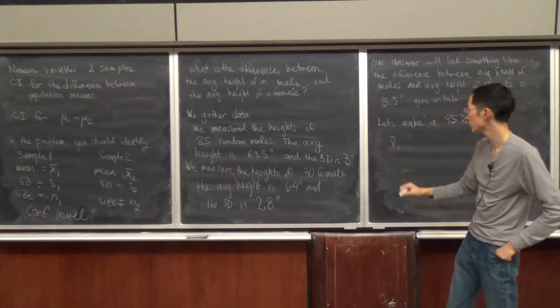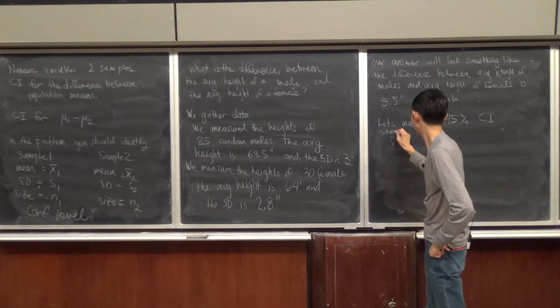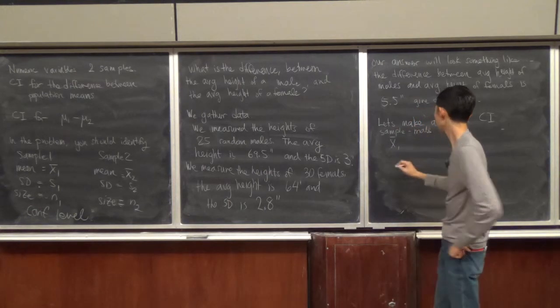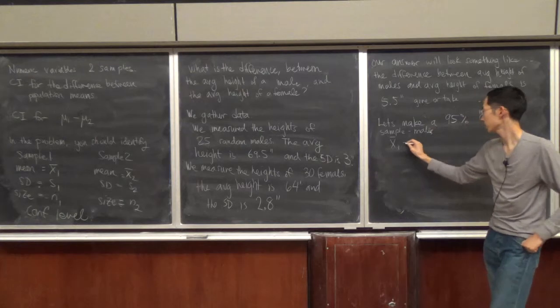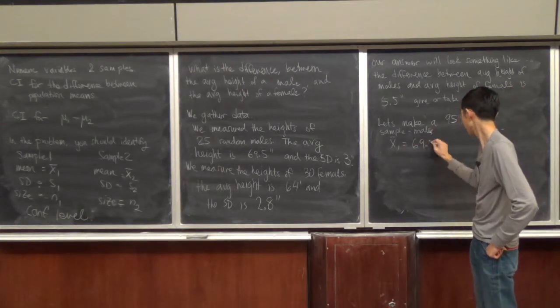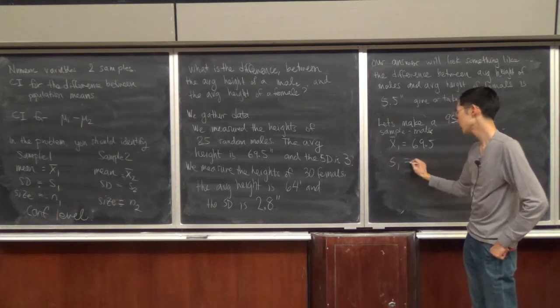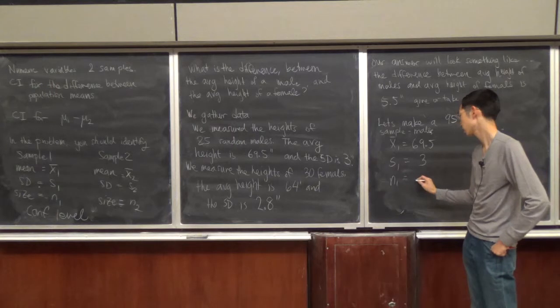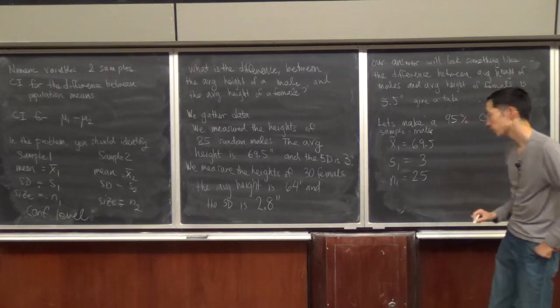Let's say sample 1 will be the males. So x bar 1 is 69.5. S1 is 3. N1 is 25.